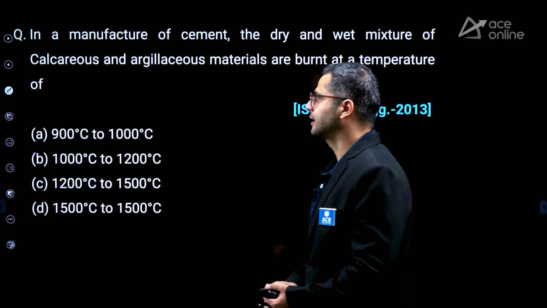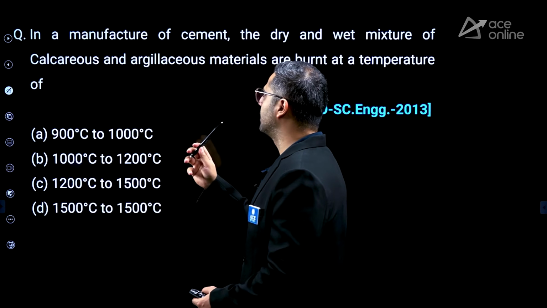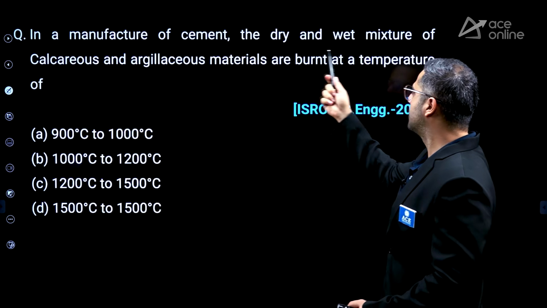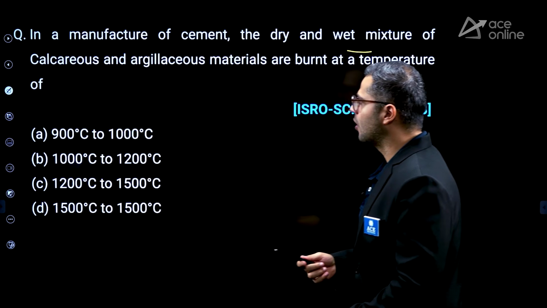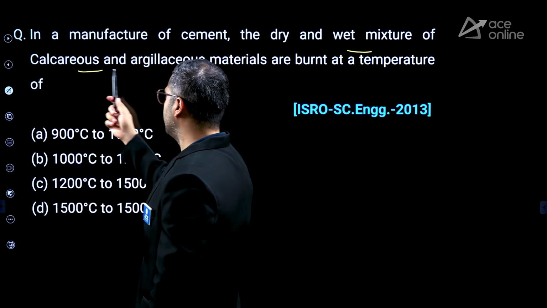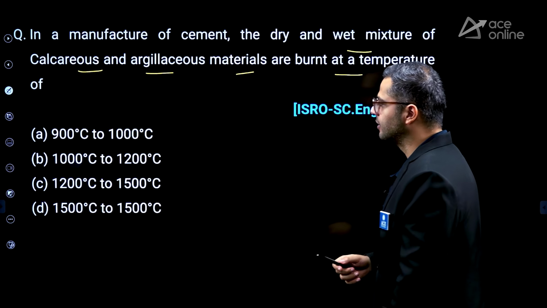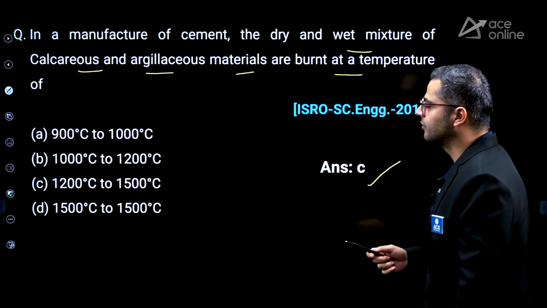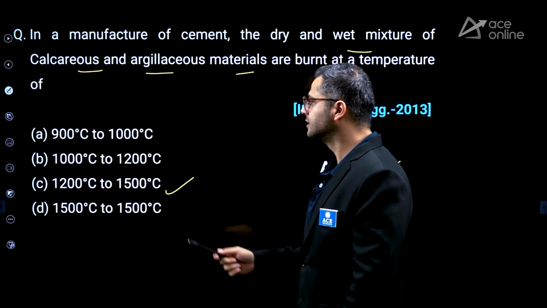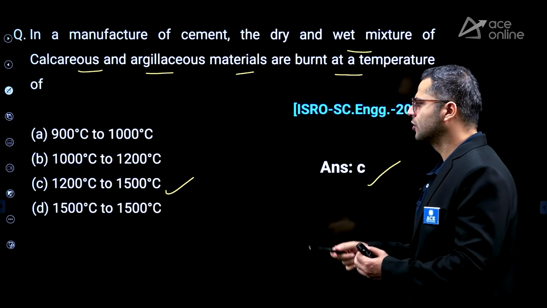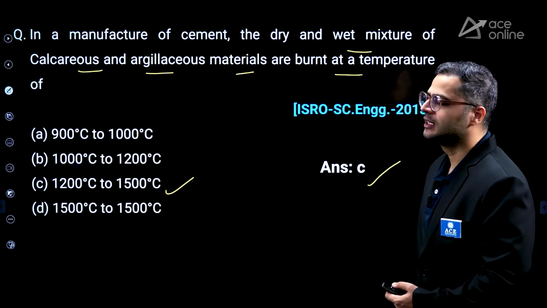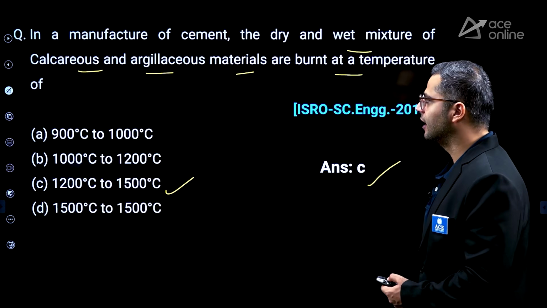Apart from that, next question, let's see. In the manufacturing of cement, the dry and wet mixture of calcareous and argillaceous materials are burnt at a temperature of, so they are burnt at a temperature of 1200 to 1500 degrees Celsius, precisely close to 1400 degrees Celsius. You would see this temperature in the kiln.